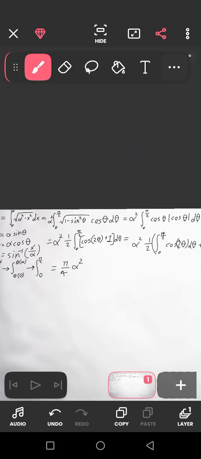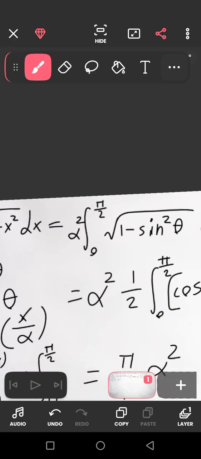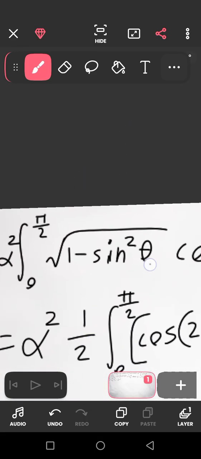Now wait, there was a mistake, except it wasn't really a mistake. When I factored the square root, I used the rule that the square root of ab is equal to the square root of a multiplied by the square root of b. So it became the square root of a squared multiplied by the square root of 1 minus sine squared theta.